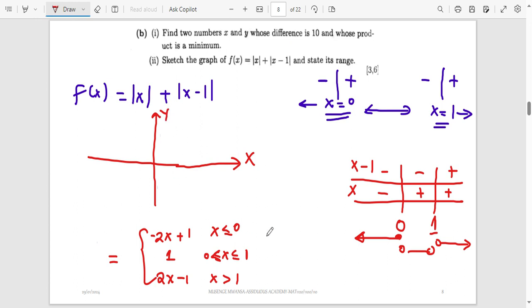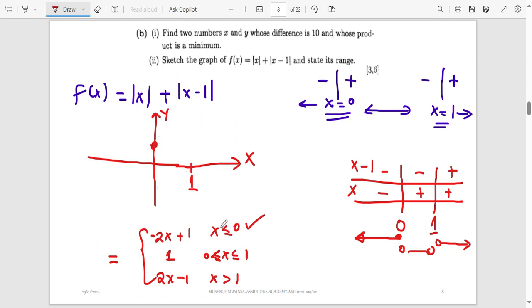Okay, so when sketching, we're only interested in our critical points. We have got 0 and a positive 1. For values of x smaller than 0, the equation that we are using is the first one. So to get 0, you put where there is x. The negative 2 times 0 plus 1, y is going to be 1. So the first coordinate is 0, comma 1, which is here.